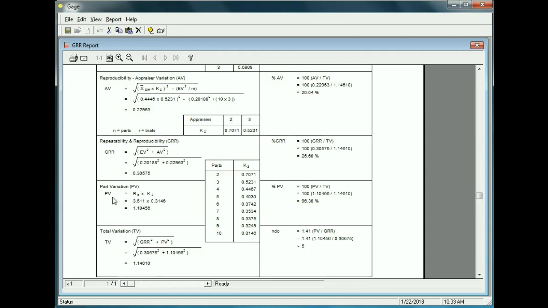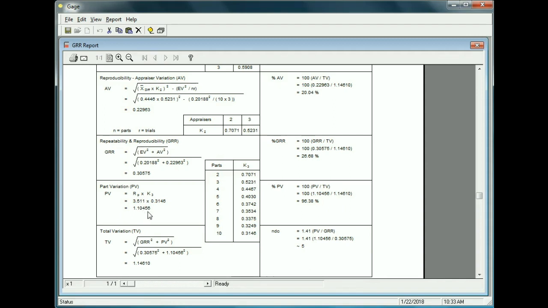And then the part-to-part variation, the standard deviation associated with the actual manufacturing of a part, can be derived from the raw data that we've entered. We're basically using the R sub P that we got from that previous data sheet, the range due to the parts, and when we work out the arithmetic, it comes out to 1.10456.